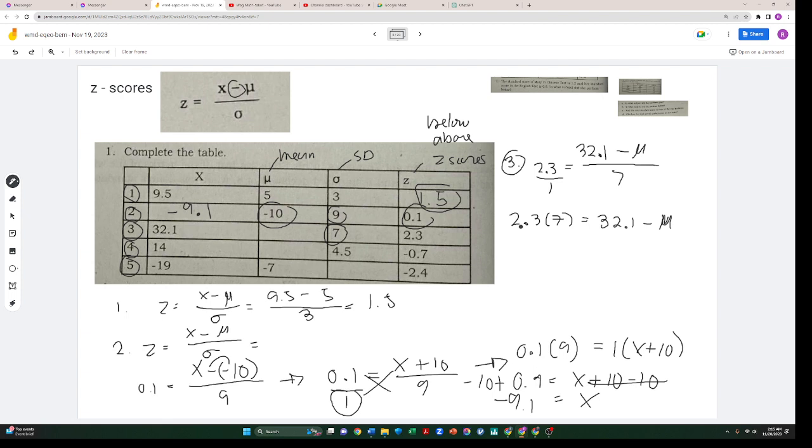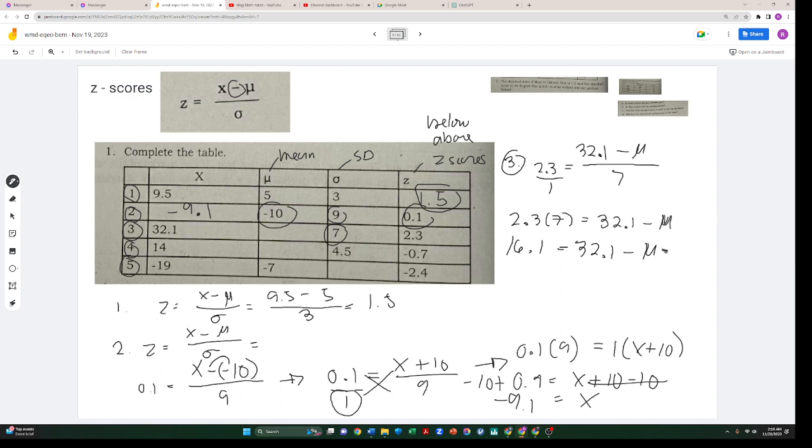So, pila man ni? 2.3 times 7, which is 16.1. Then 32.1 minus mean. So para makuha si mean, so depende sa inyo, lahi magud ni. Ang uban ikuan nila diri para ma-positive, pero ang style man gud nako, which is mogamit ko og subtraction inequality of property.